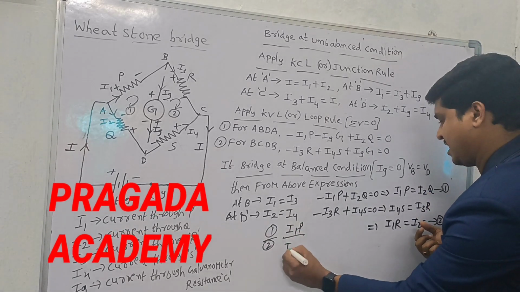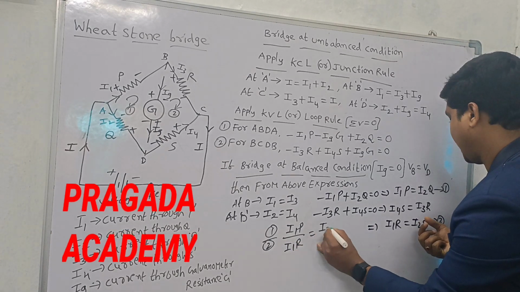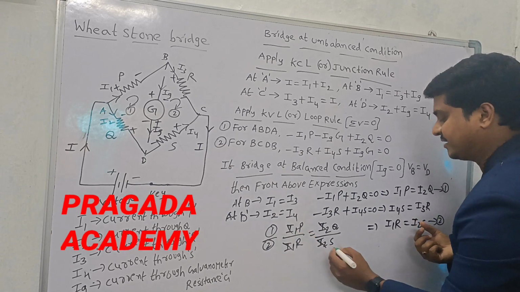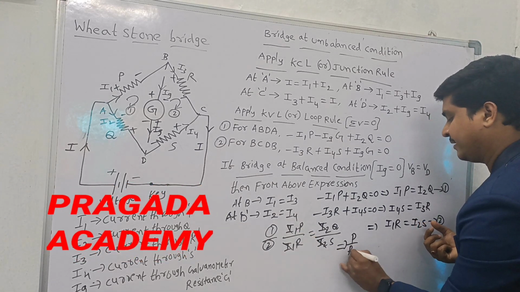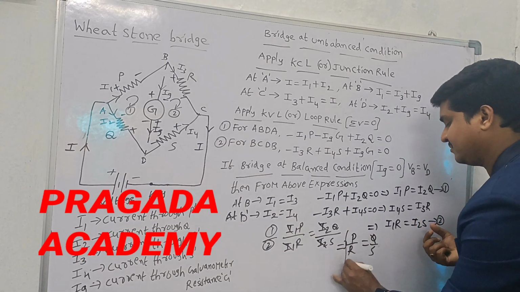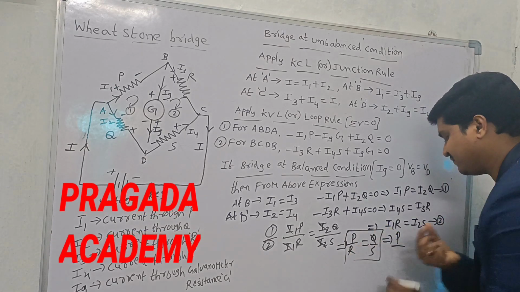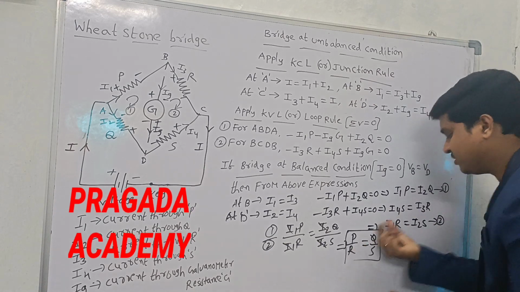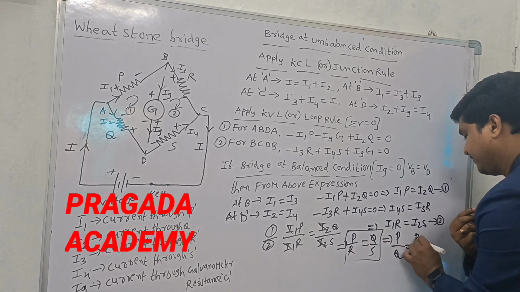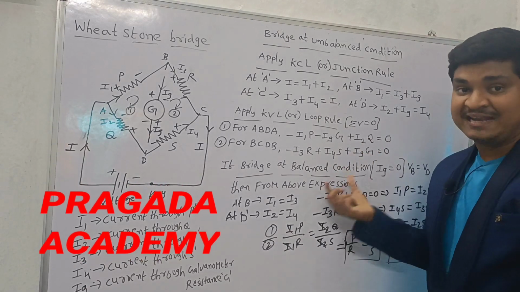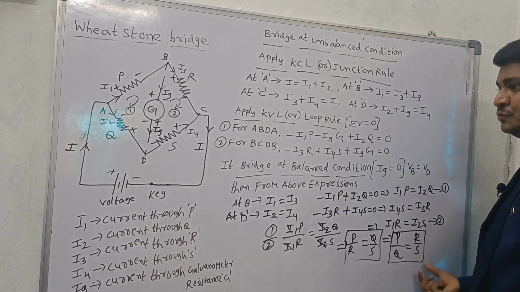I1P by I1R equals I2Q by I2S. I2 cancels, I1 cancels. You will get P by R equals Q by S, right? Otherwise you can write it as P by Q equals R by S, with the numerator coming to the left side and the denominator coming to the right side in the numerator.